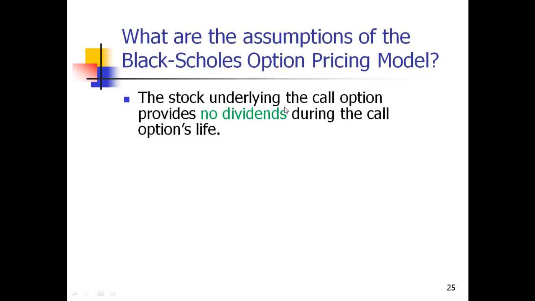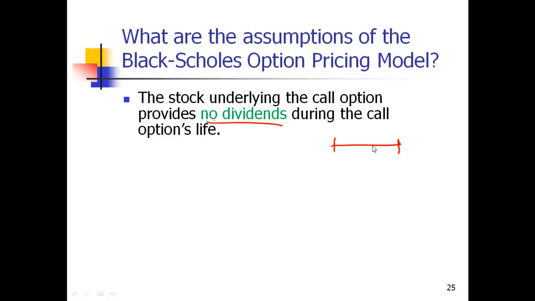The stock underlying the call option provides no dividends during the call option's life. What do you think this means? You are not getting dividends, and the assumption is made that the underlying stock doesn't pay dividends during the option life.